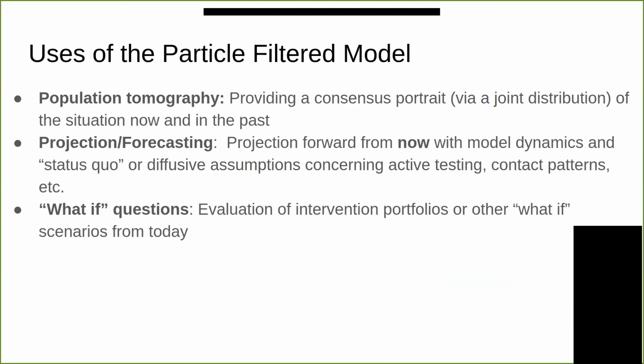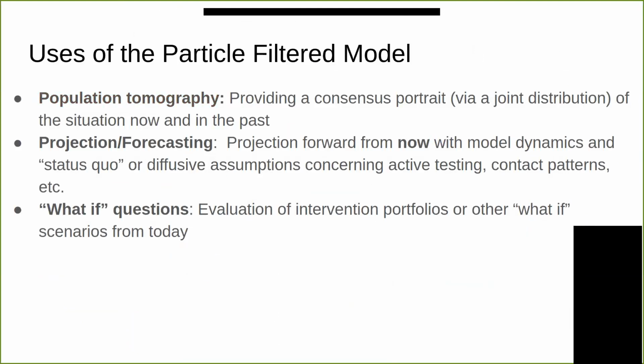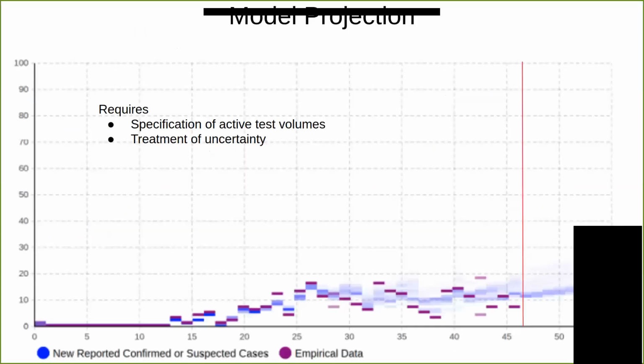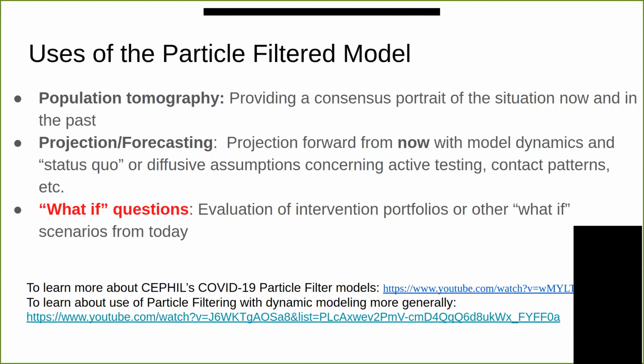We use this model for a wide variety of needs, including estimating the underlying state, something I like to refer to as population tomography, projection and forecasting, and what-if questions from the current context forward in a way that's constantly regrounded.